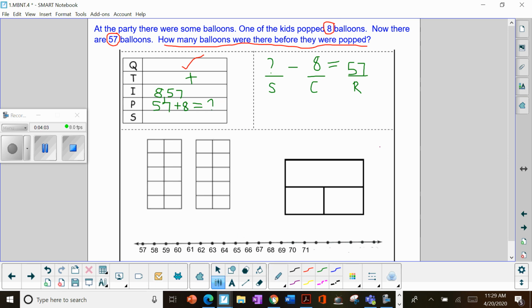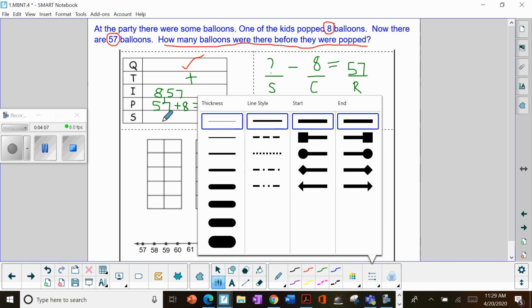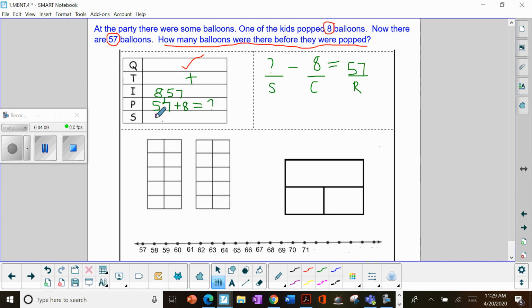Okay. So then we're going to go here. 57 plus 8 equals something. All right, let's look at our drawing.